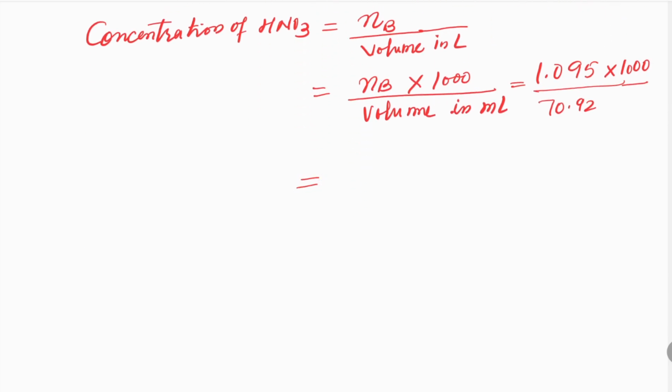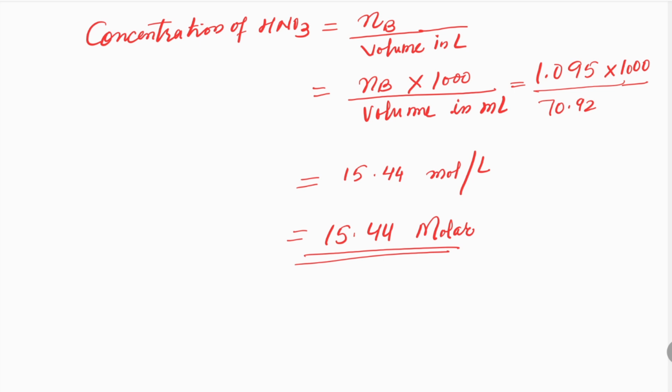So the answer over here comes out to be 15.44 moles per liter, which is once again 15.44 molar. This is the concentration of the nitric acid solution, which is given as 69%. This is how you calculate the concentration.